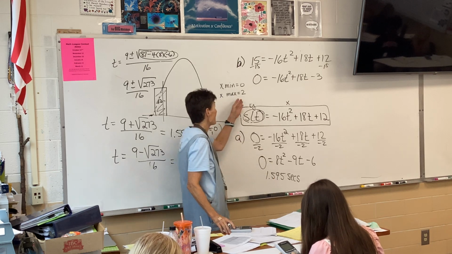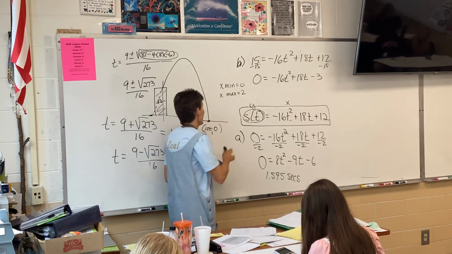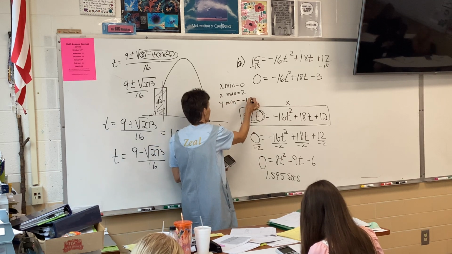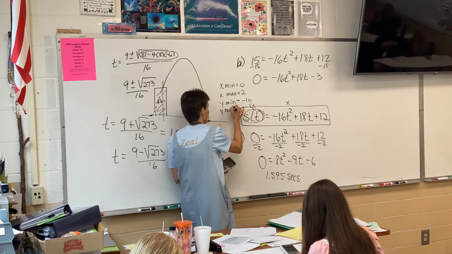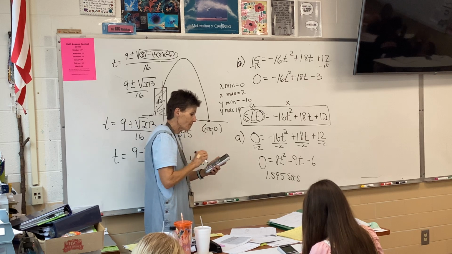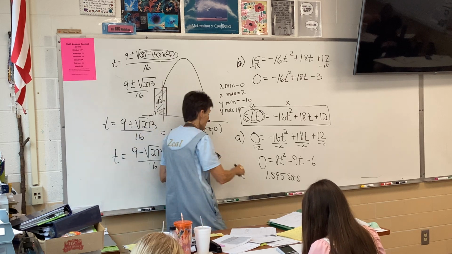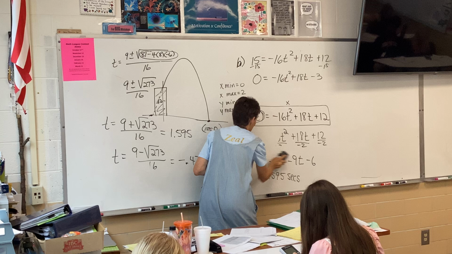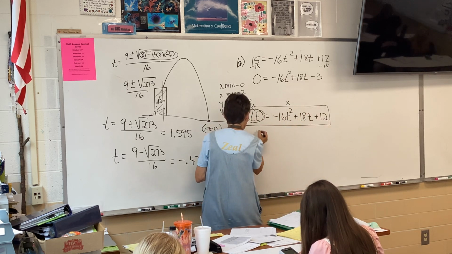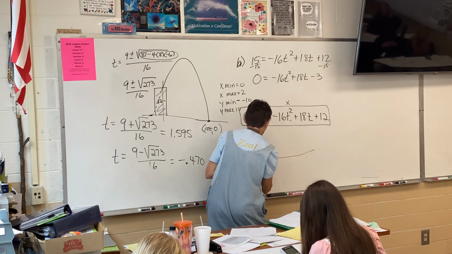So I said, okay, my maximum is just gonna be 2. And then for Y min and Y max, I left those at -10 and 10. I didn't change those. Now, try graphing now, and you should see a picture that looks like this.